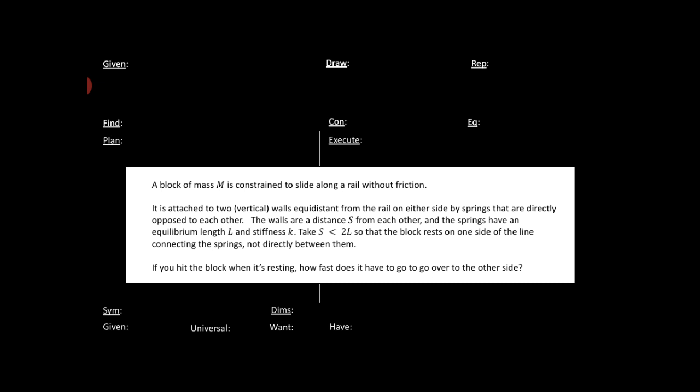So what I'm going to look at is a block of mass m, and it's going to be sliding along a rail without friction, in the x direction. So it's going to have a rail coming around like this, and there'll be a slider like that. There's a real name for it, but I can't remember it today.